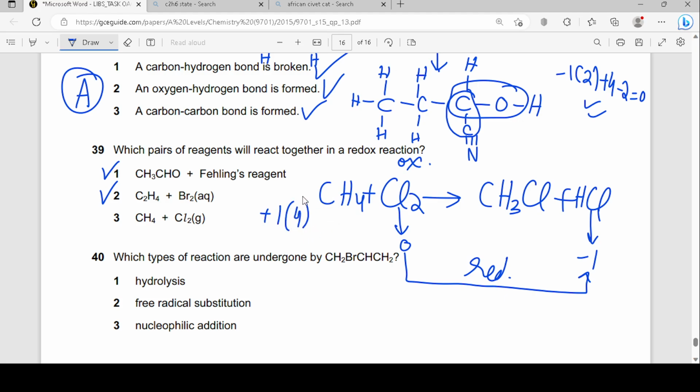Over here, hydrogen has +1 fixed oxidation state, and there are 4 hydrogen atoms, so +1 times 4. To balance that, you need the carbon to have a -4 oxidation state, because -4 plus 4 will be 0. So this is -4 here. Over here, let me assume chlorine to have -1, if I assume it doesn't change. It does seem like a redox reaction, so I think I can make that assumption.